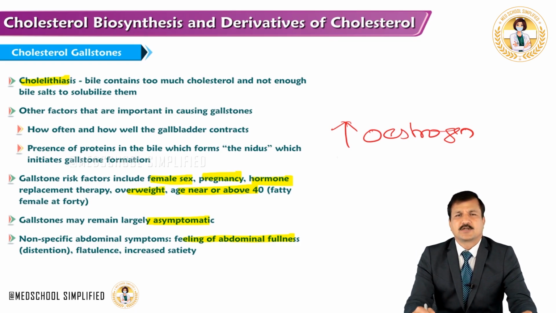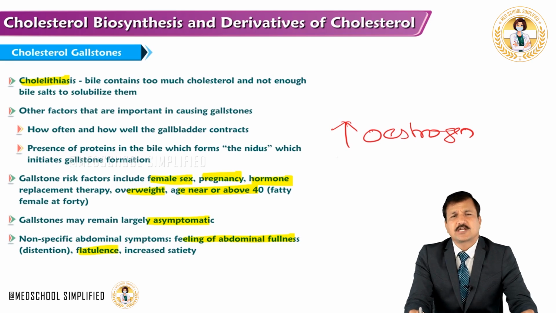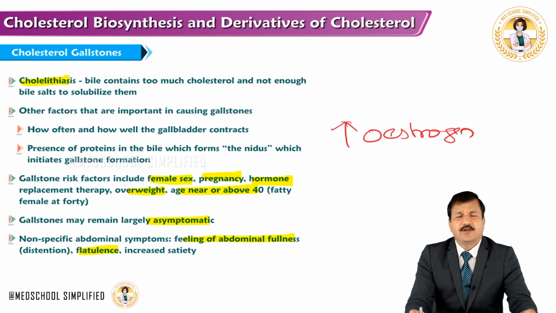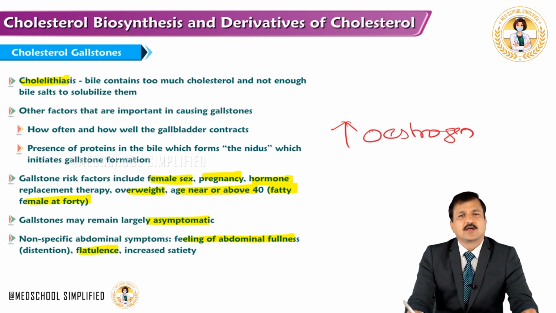Even consumption of a small amount of food may lead to abdominal fullness, a feeling of satiety, not feeling like eating, and also there can be flatulence. So if this type of signs and symptoms is seen in an overweight female who is around 40 years of age, a suspicion of gallbladder stone has to be raised.